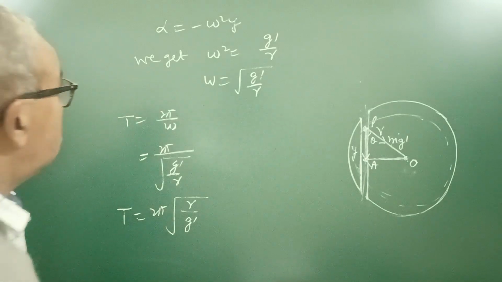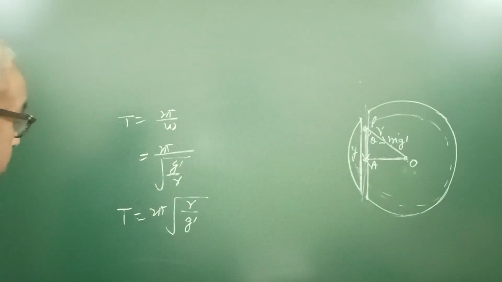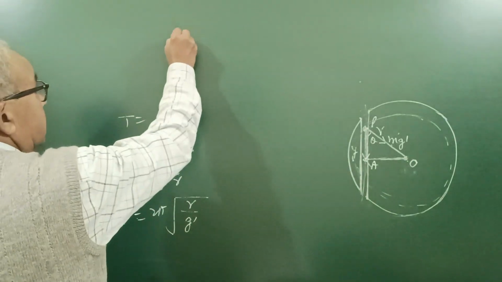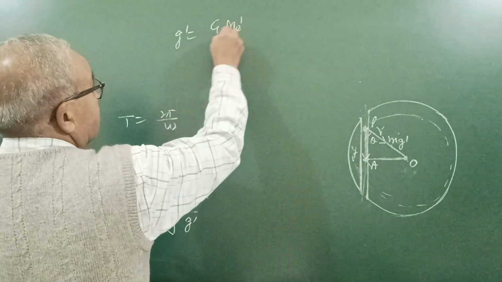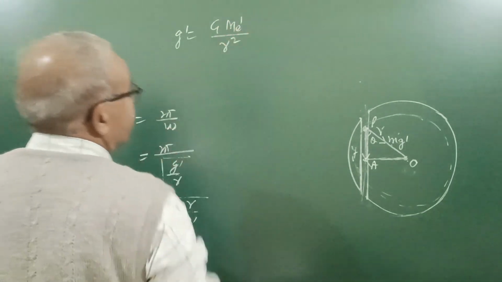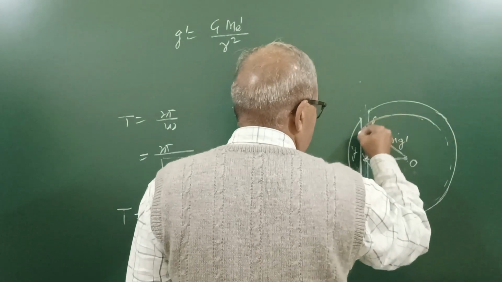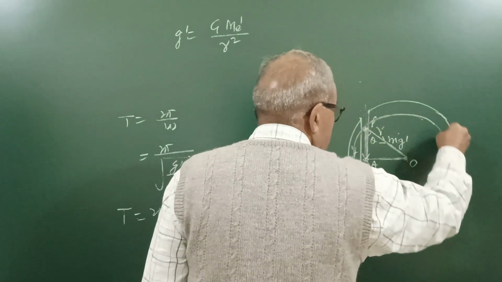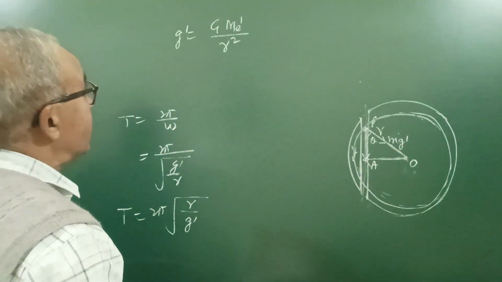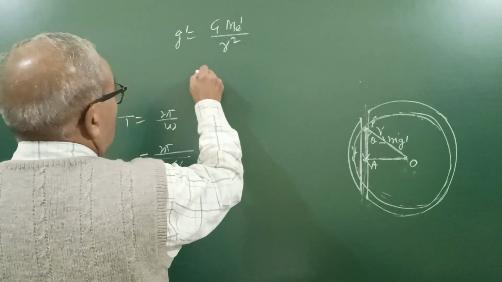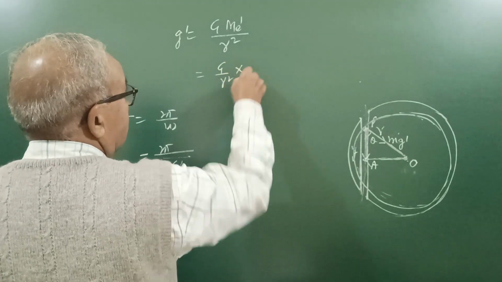Now this g dash is equal to G M e dash upon r square. This mass of the sphere of earth, M e dash, will be producing the acceleration due to gravity.